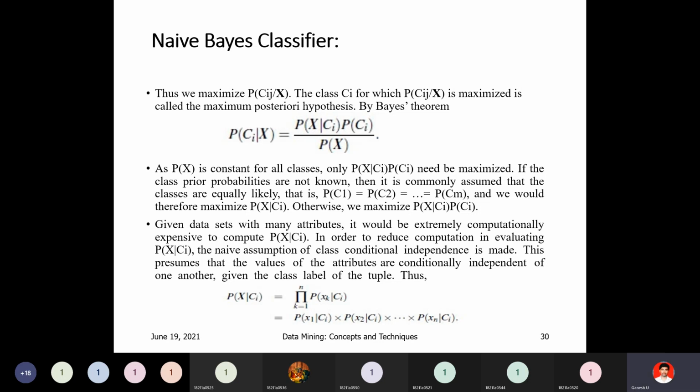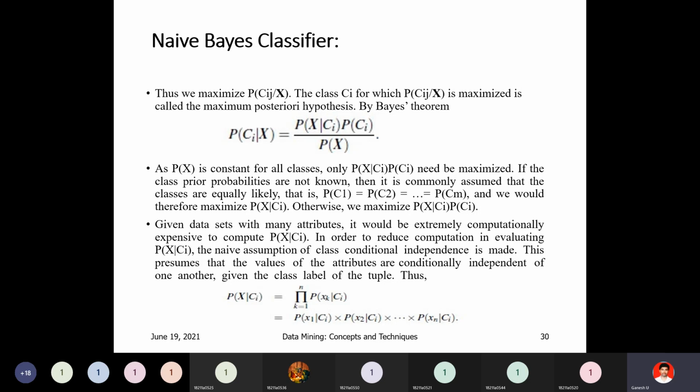Here P of x given Ci: we have to multiply all cases, x1, x2 and so on up to xn. Here x1 is red, SUV, next sports, next origin, that is domestic or imported, like that. You multiply all these. For the other example also: sweet, yellow, long probabilities, you multiply all these.